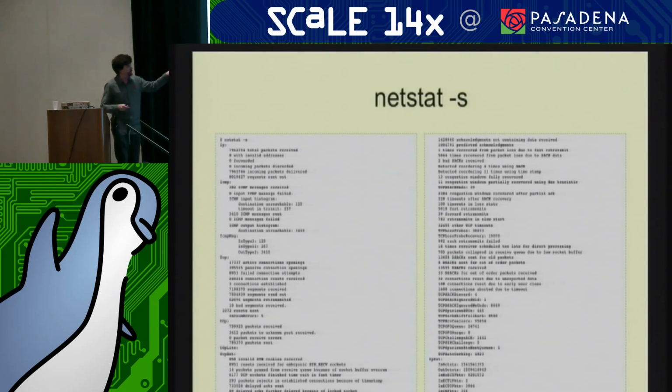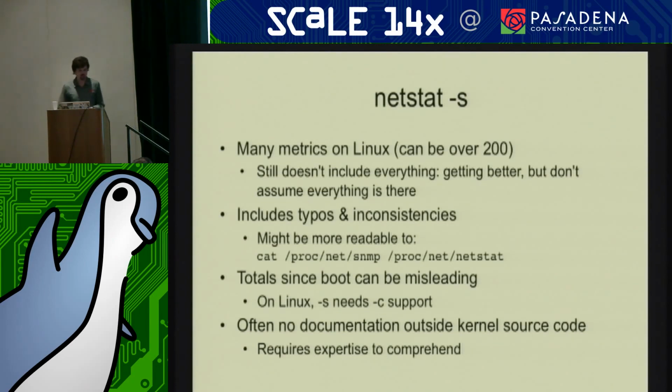It's been getting better, so Linux has been adding more and more metrics like SYN retransmits, which I really like. But there are a lot of metrics to wade through. There can be over 200. One of the problems is it still doesn't include everything. I don't have decent metrics to know, say, TCP queue utilization, how much is queued from one moment to the next.